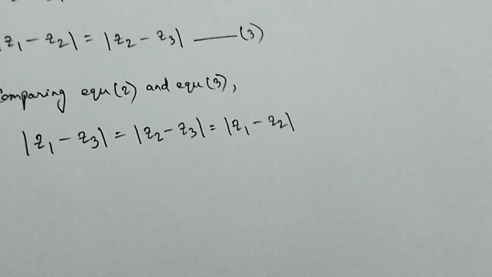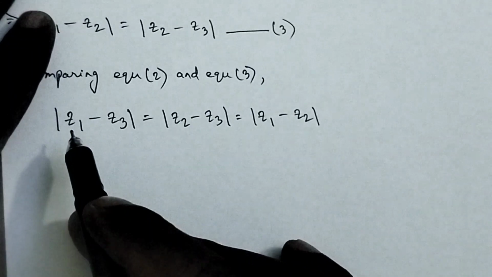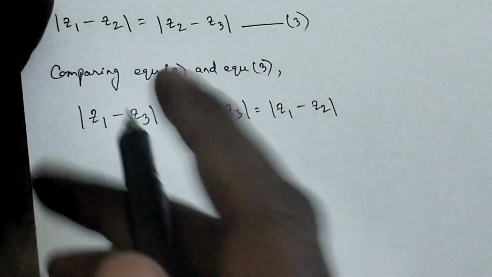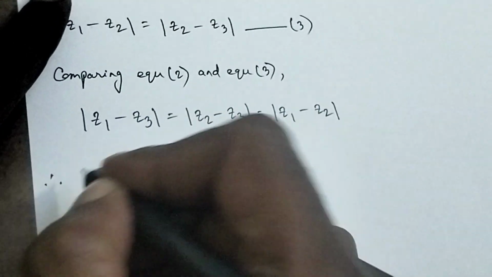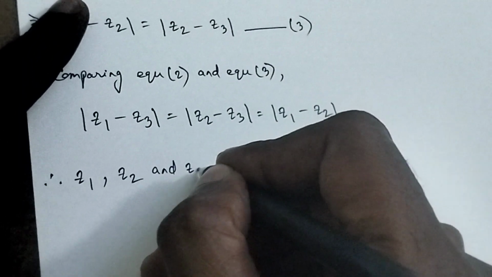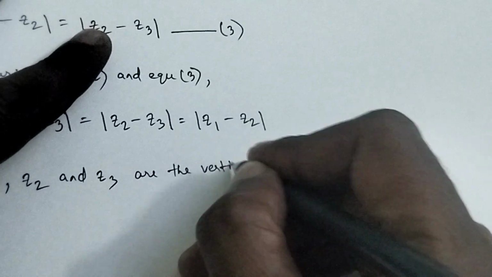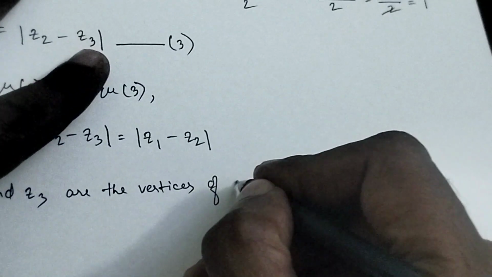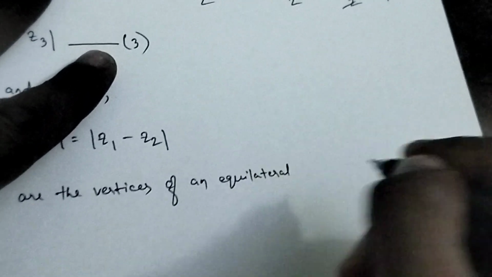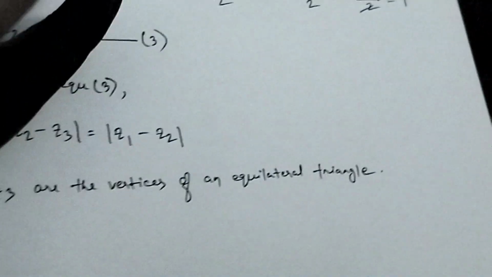Since the distances z1z3, z2z3 and z1z2 are of equal length, we can say z1, z2 and z3 are the vertices of an equilateral triangle.